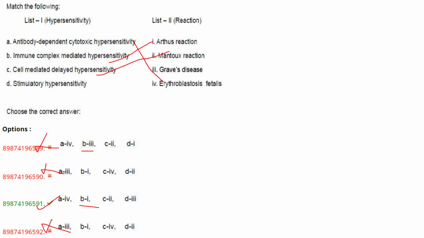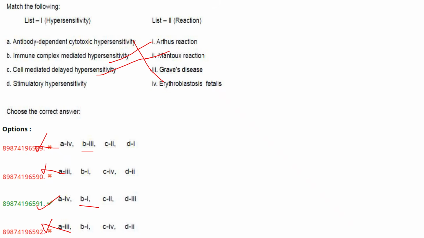So in that one, what you see is autoantibodies are produced by the immune system, and these will go and bind to the receptors of these thyroid hormones.